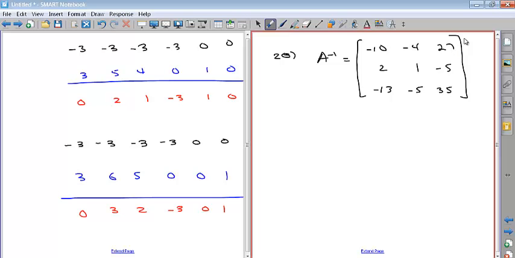And that's it. So I'm just going to double check, make sure I entered the stuff right. So it's 10, -4, 27, 2, 1, -5, -13. Yeah, okay, so I did that right.